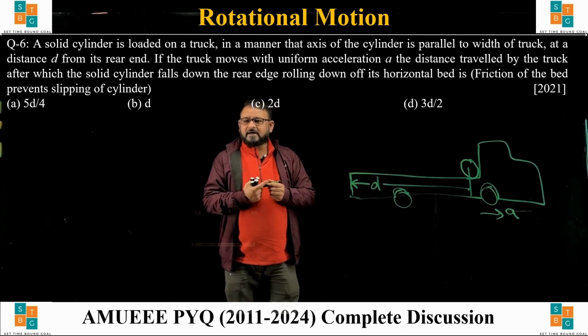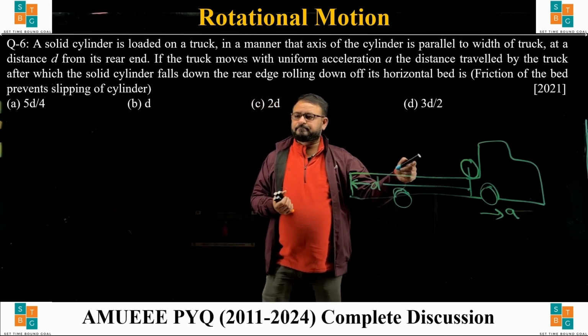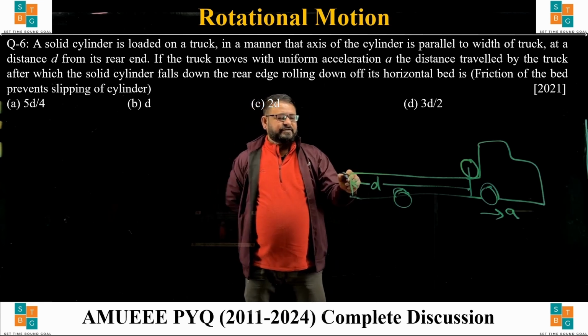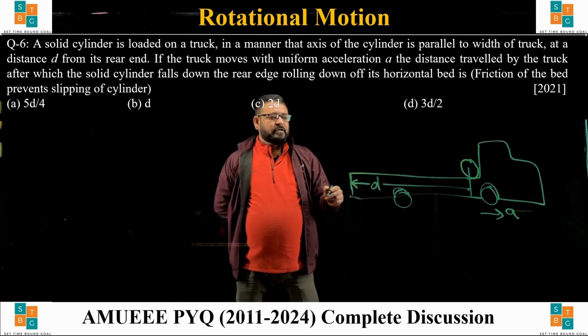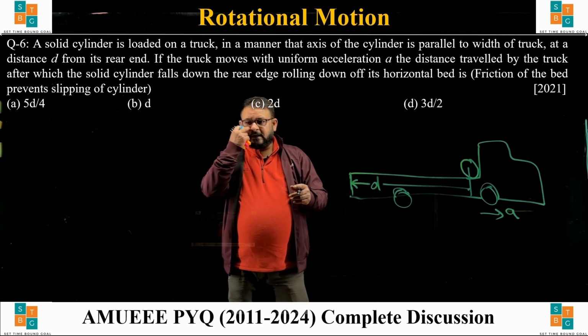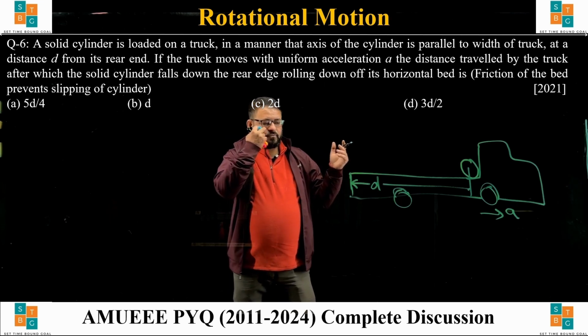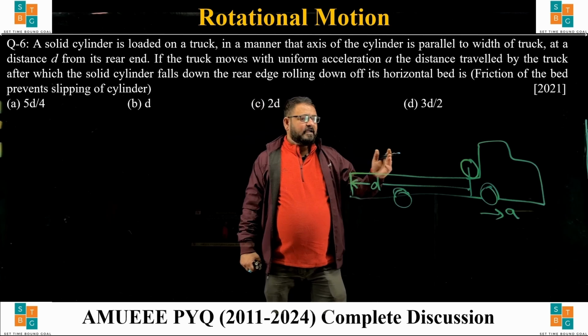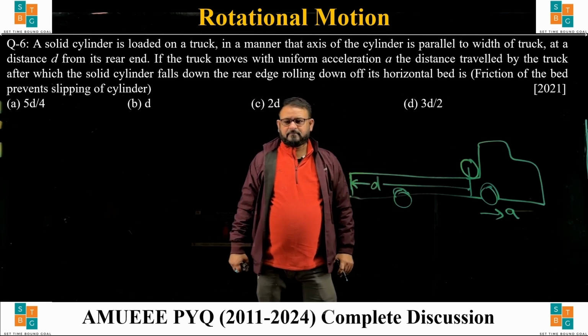So they have asked this cylinder, which is at a distance d from the edge, how long will it take to fall? This we need to know, and from that perhaps we need to calculate how much this truck would have moved.